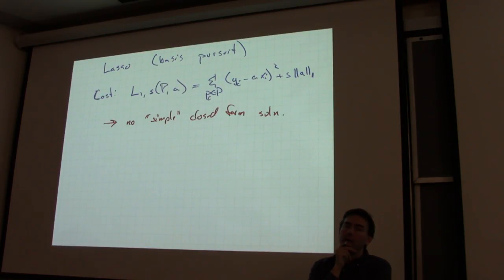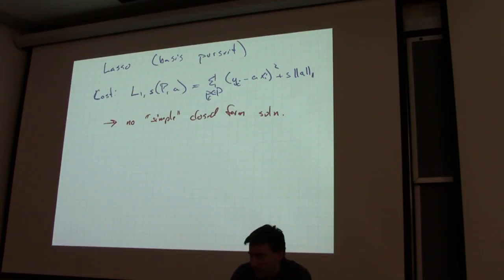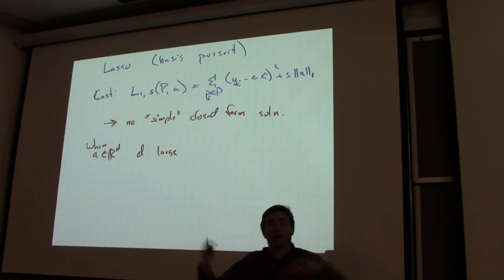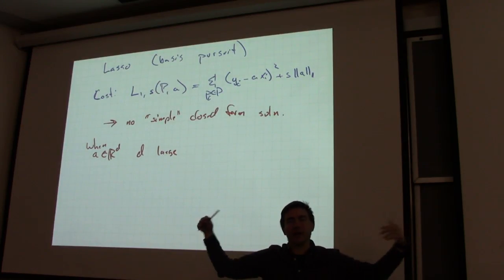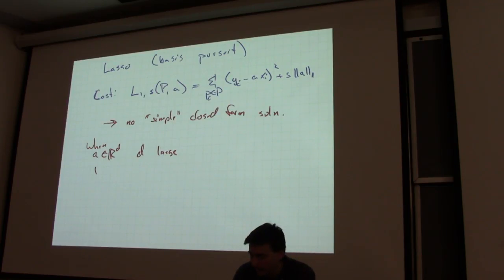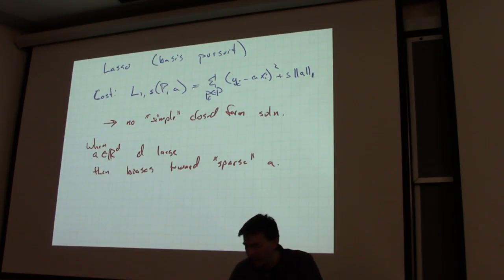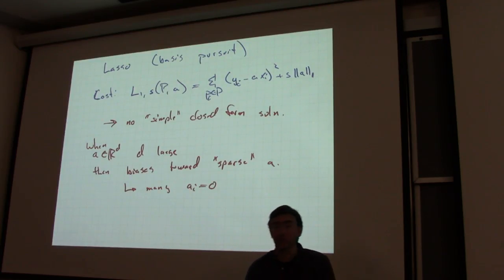Is there a particular reason why a lot of people tend to use this? Yes. The reason this is so popular is that when A is in R^D, and D is large, so the model is I have high dimensional data and I'm fitting a high dimensional model, then this biases towards sparse A. Sparse A means that many ai are going to be equal to 0 exactly.